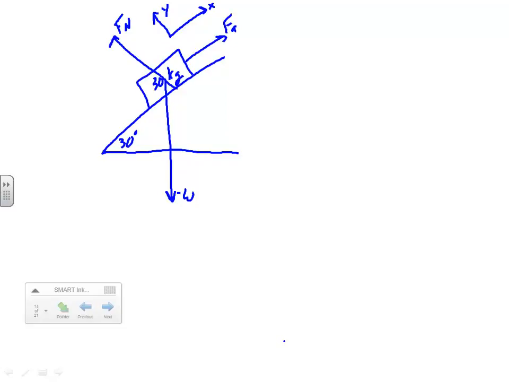Now here's the difference. I now have a force of friction. Acceleration's still 0. And I still have to break up my weight. This is always going to be the same angle as the ramp.